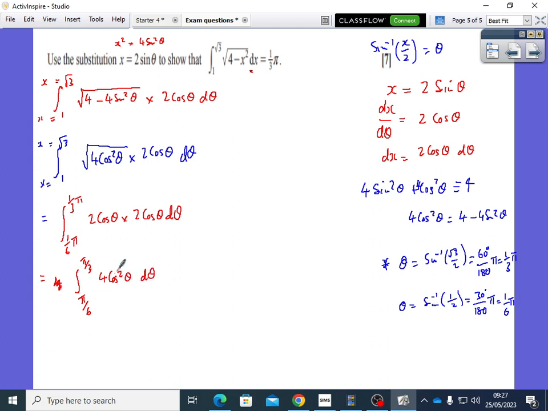Now you can't integrate that at the moment, and what you need here is double angles.